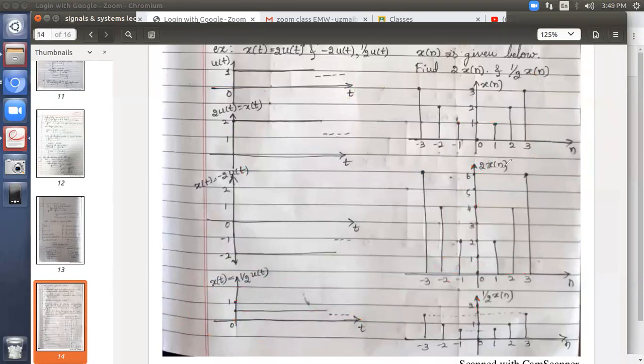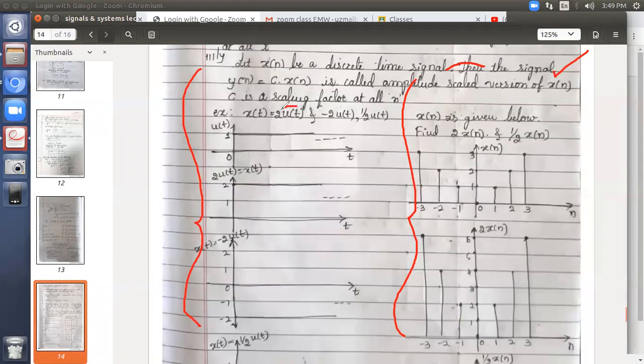Now, taking one more example. One example I have shown you with continuous time. Let's see one more example with discrete time. In the earlier problem, I directly gave you u of t, because u of t is a standard signal which you already know how to draw. Here, instead of u of t, a signal x of n is given.